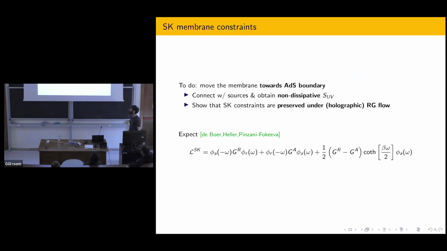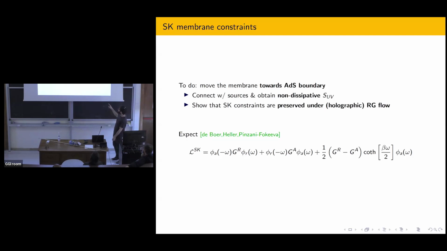And more generally, based on some previous work on diffusion, we expect the dissipative part of the Schwinger-Keldysh Lagrangian to take the form shown here. G_R and G_A are the retarded and advanced Green's functions, which are what the bulk gives us. We need to compute them in a derivative expansion because we cannot do it analytically, but the structure of the action will be as shown.